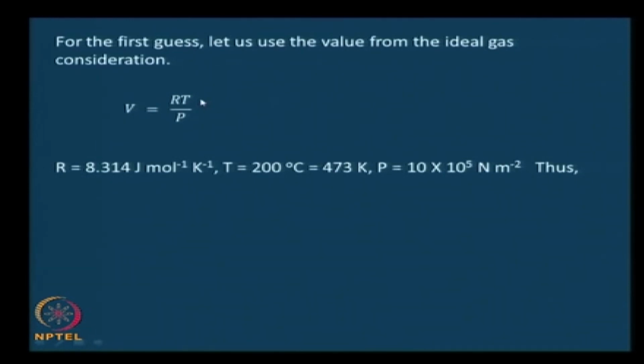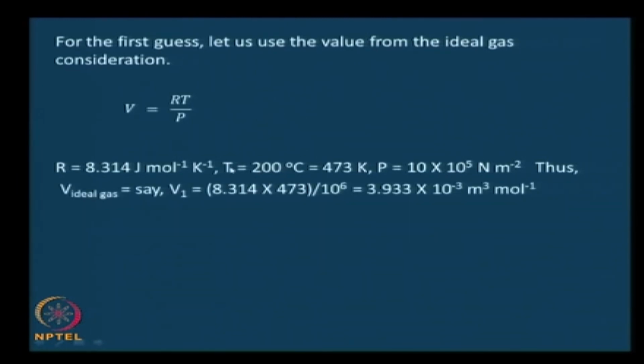If we substitute the values in this particular exercise, R, as we all know, is 8.314 joules per mole per Kelvin. T was 200 degrees C, but we need to use T in Kelvin, so we add 273 to it to get 473 Kelvin, and pressure was 10 atmospheres. We need a consistent set of units, therefore we multiply by 10 power 5 Newton per meter squared.